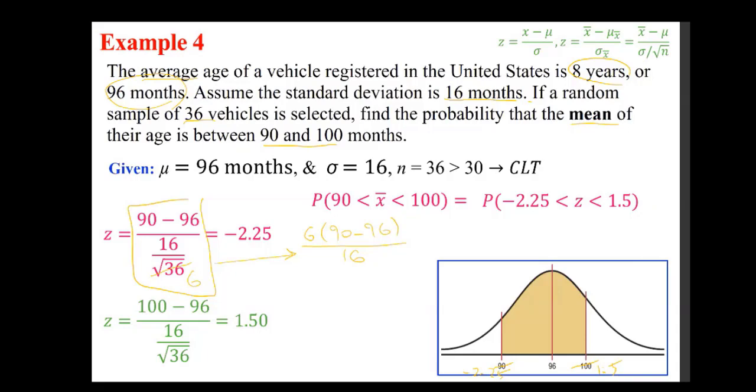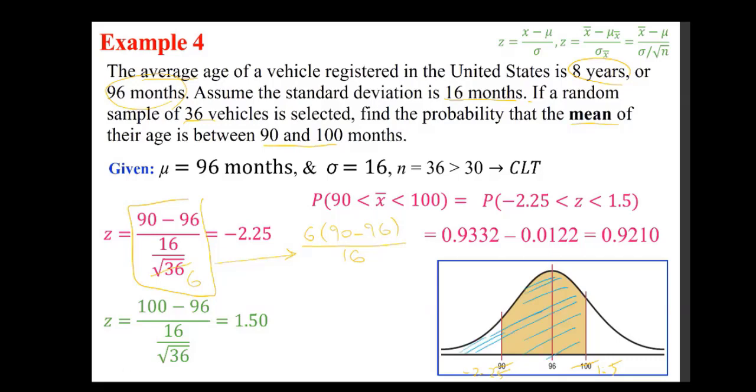I look up the table. And the reason we calculated in this manner, if we go with the table, we look it up all the way to 100 or 1.5 as far as the z-score is concerned. It gives us 0.9332. And then we look it up all the way to 90, in other words, the z-score of negative 2.25, and then we come up with the answer.